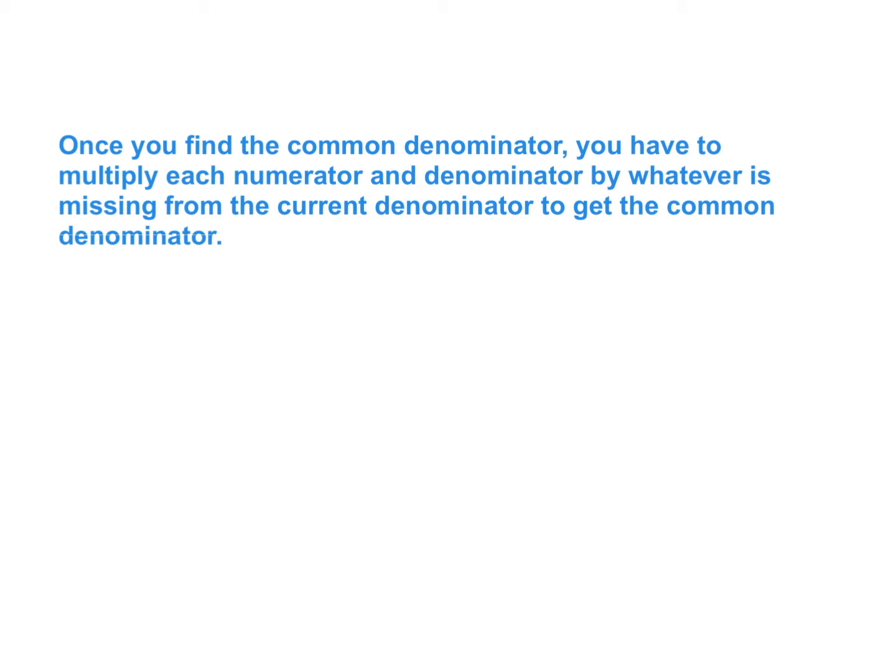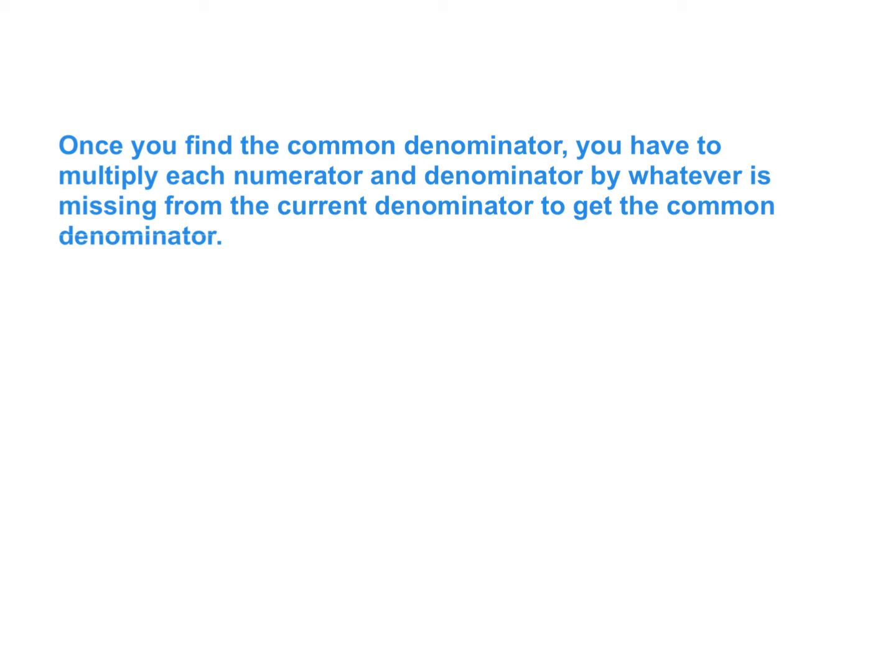Let me say that again. You have to multiply top and bottom by whatever's missing from the current denominator to make it turn into the common denominator. Again, we're going to go through a whole bunch of examples, and this will make more sense to you when we do the example.